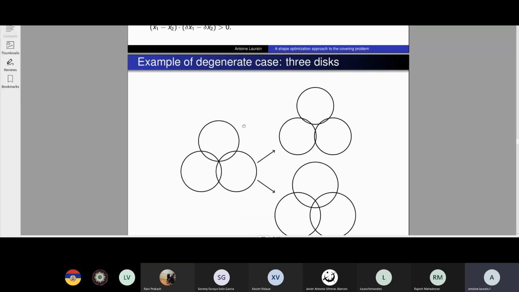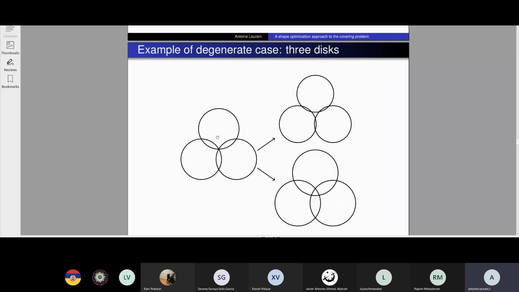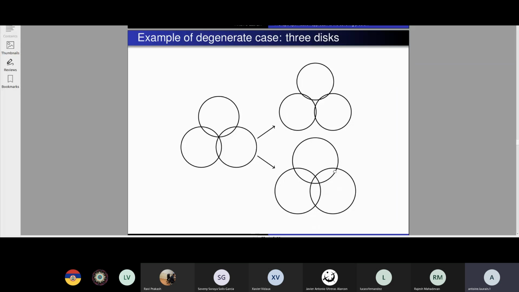Another interesting degenerate case is the case of three disks. So this situation also is excluded by the assumption because the three circles intersect at one point, okay? And you have two different cases. If the three disks get away from each other, then you have all appearing here. But if they get closer to each other, then you have an intersection of the three disks here.